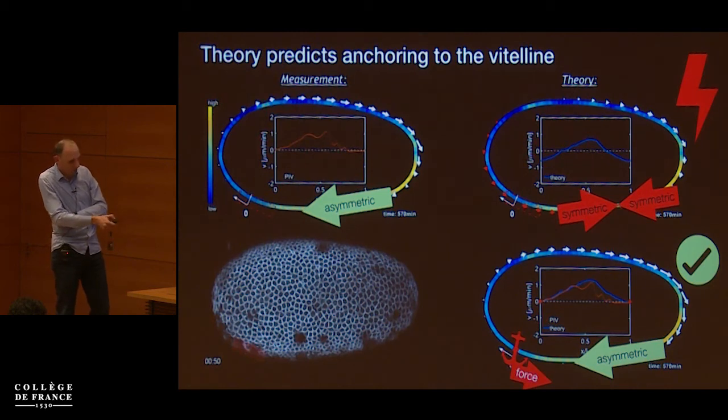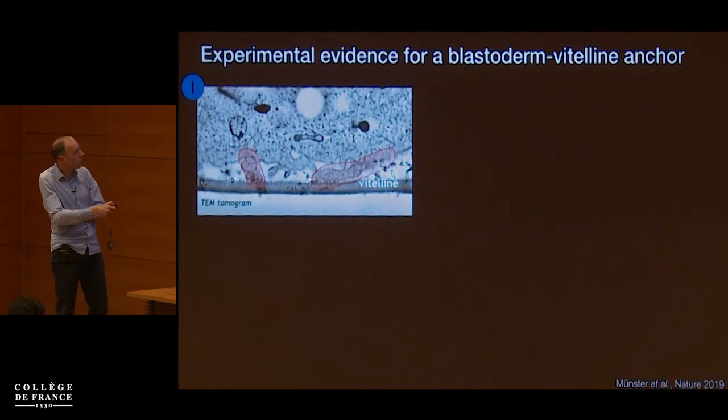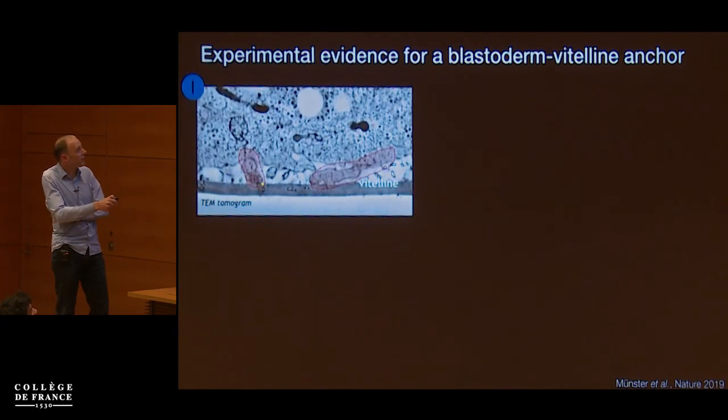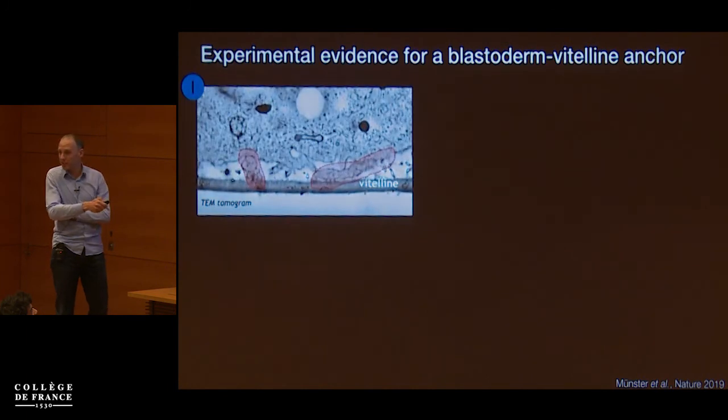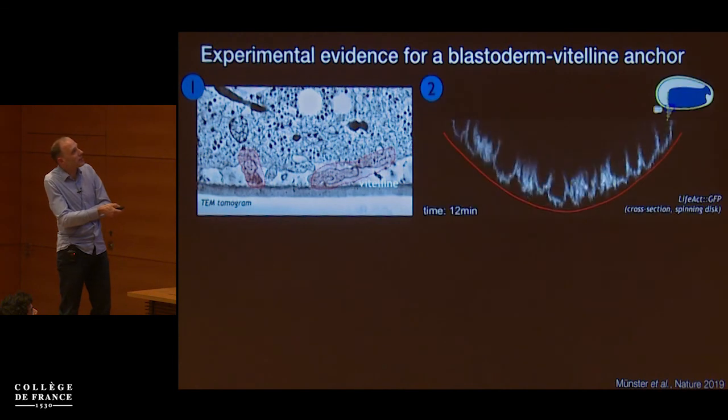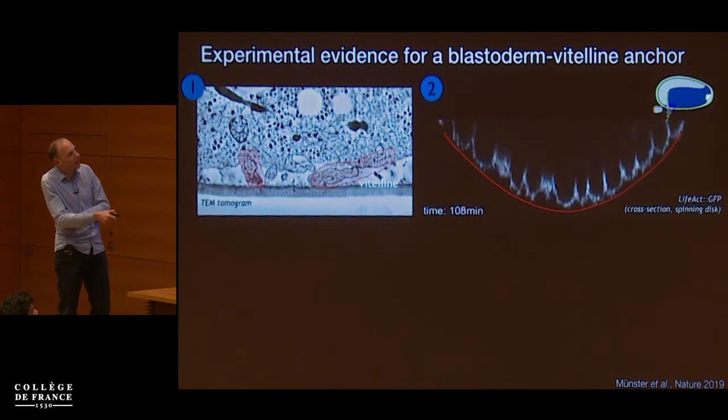Okay? So we went on looking for something that might be attaching the extra-embryonic tissue to the vitelline in that region. First we looked, and this is Stephan Münster, first we looked in EM, and we saw that some cells really are very closely attached to the vitelline, maybe indicative of an attachment. You can even see this when you look at the dynamics of these cells in this zone.